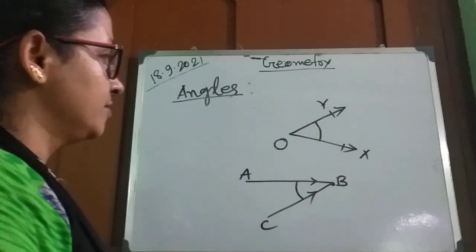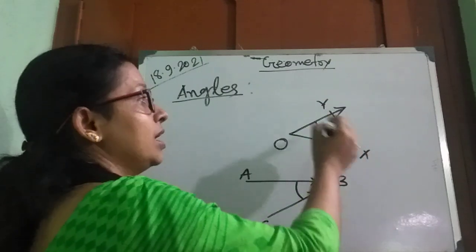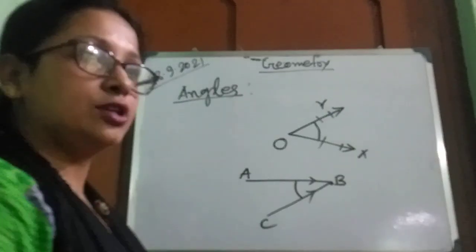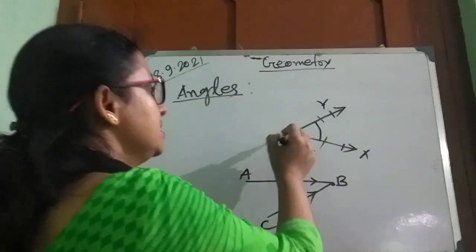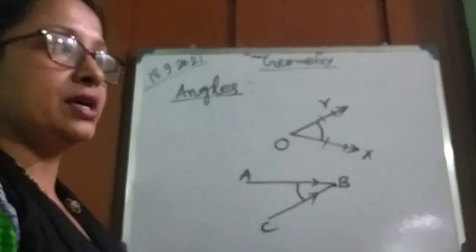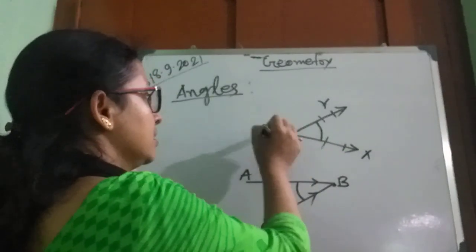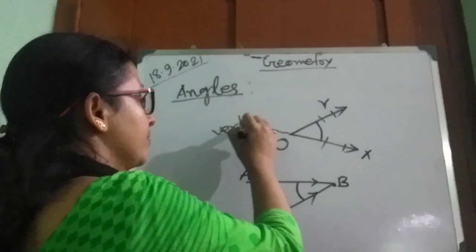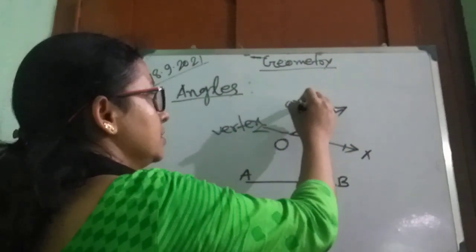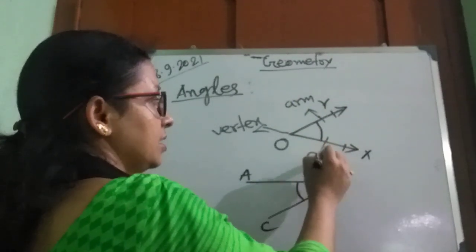And here we are getting two arms, these are called the arms of the angle, and this is the vertex where two rays are meeting or coming out. This is called the vertex, and these two are arms, it is one arm, it is another arm.